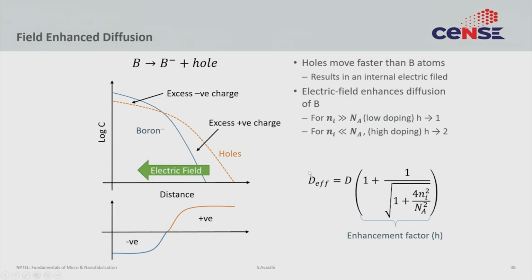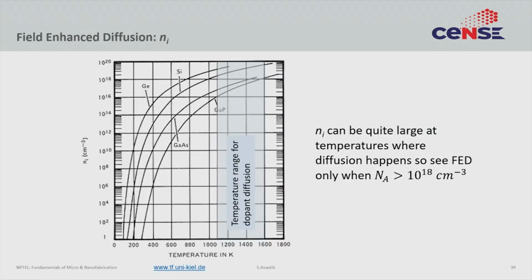How much it will enhance depends upon the mathematics that looks like this. It really depends upon what concentration of holes you have and what temperature you are at. If you look at this formula, Ni is what is accounting for the charge, and typically Ni values are very low at room temperature. However, at high temperature the values of Ni can be significantly higher, and that is why at high temperature you must account for them.